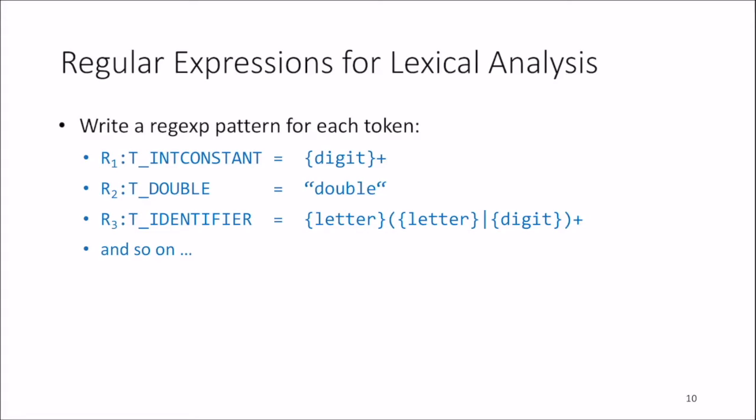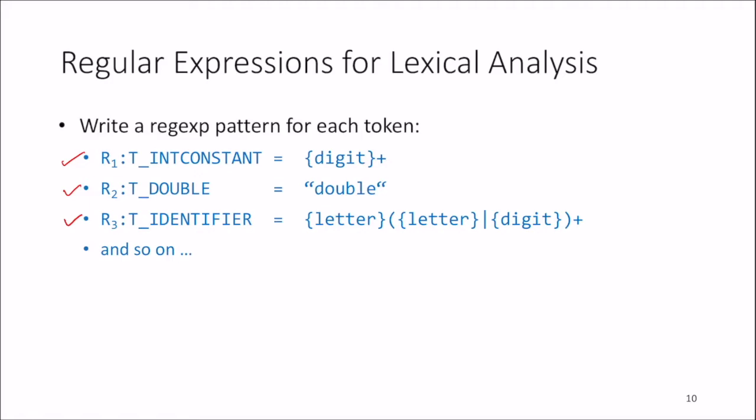The first task is to define a regular expression pattern for each token in your programming language. So you would write a sequence of regular expressions, one for each of the tokens that are defined in the programming language specification document. So you have int constant, which is defined as R1, R2 is a keyword, and R3 is an identifier. This is obviously just a very simple example.